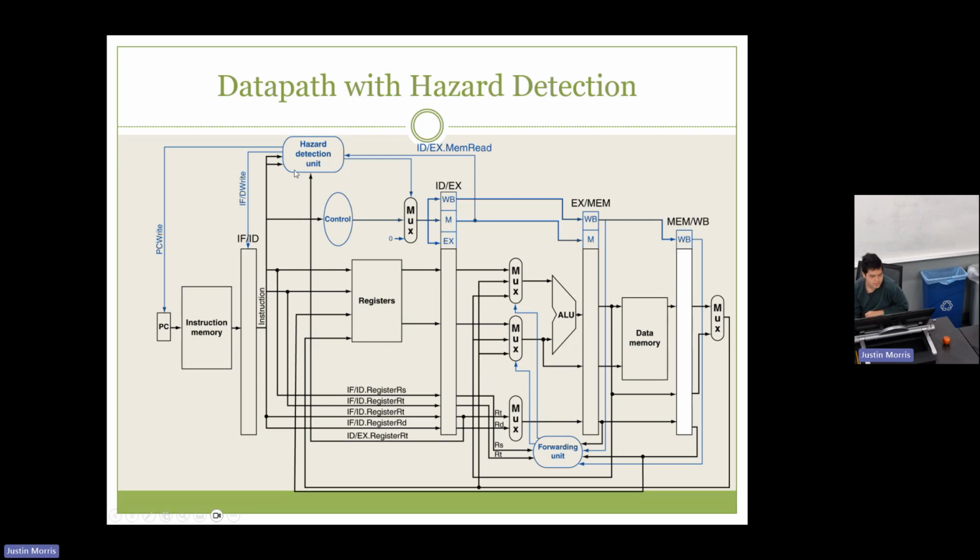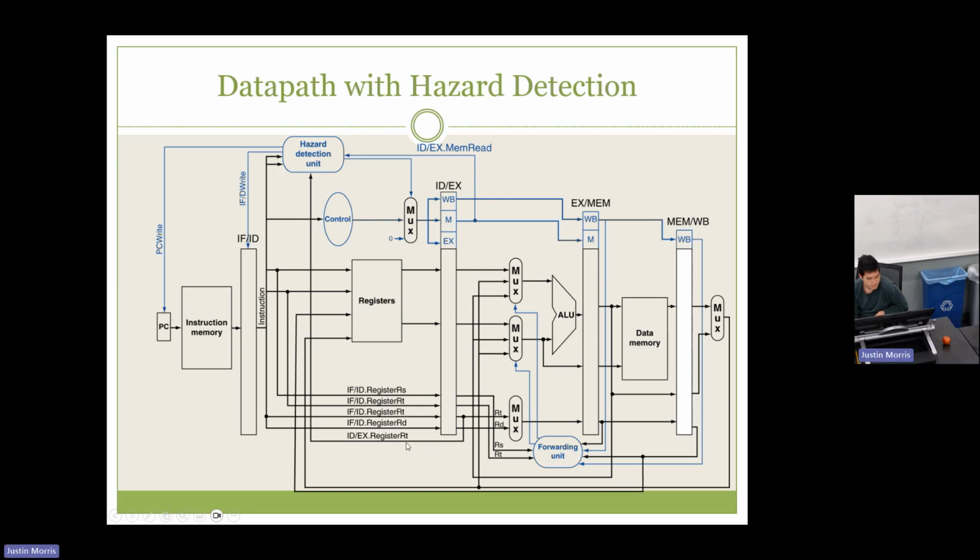So now we have this hazard detection unit. Does this tell us if we need to stop? Right, and what goes into this hazard detection unit? My current instruction's RS, RT, right?